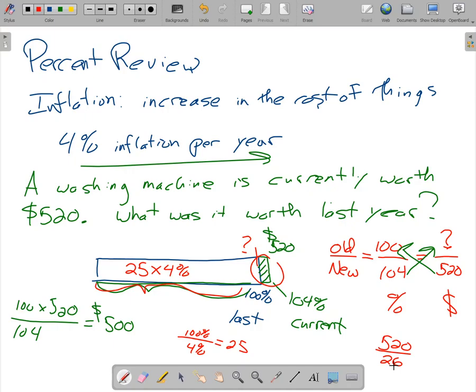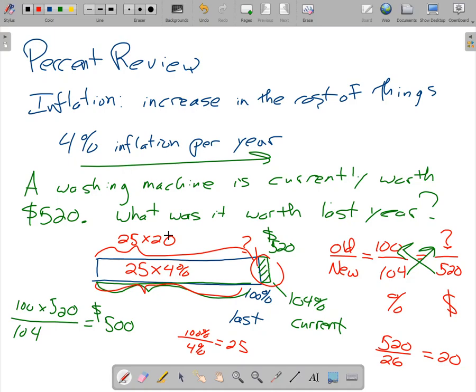So each of these chunks here is worth 20. So another way to think about this right here is I have 25 groups of 20. And 25 groups of 20 is? 500.